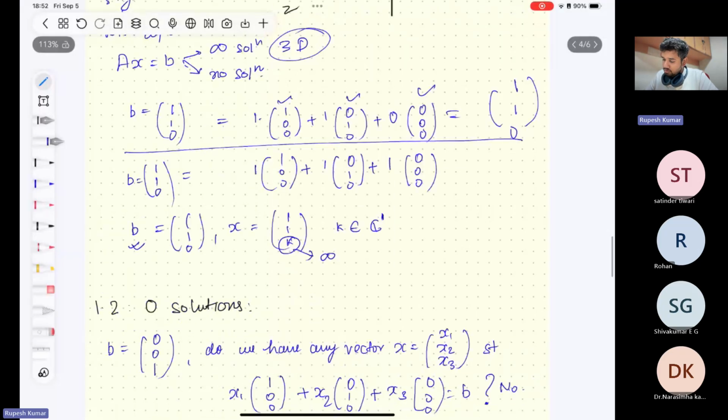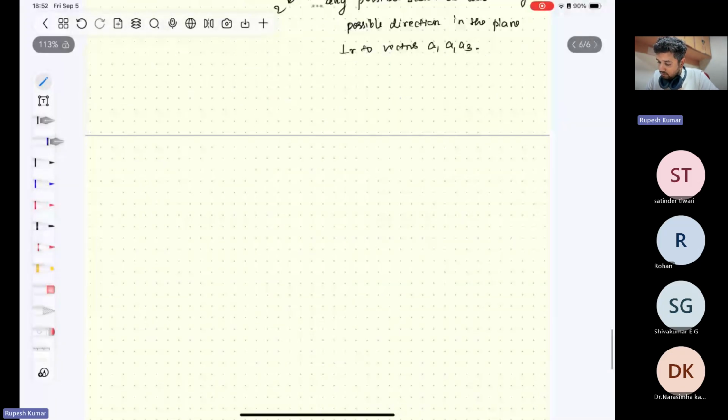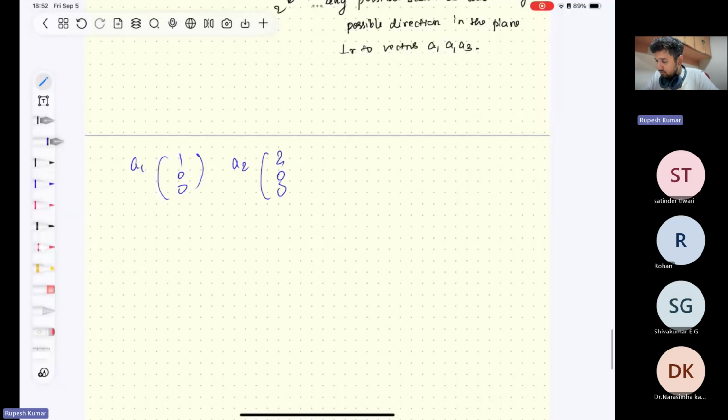Okay, fine. So this was A1, which was 1, 0, 0. This was A2, which was 2, 0, 0. And this was A3, which was 3, 0, 0. And we want to say that matrix A into X equals B, where B is essentially 4, 0, 0.